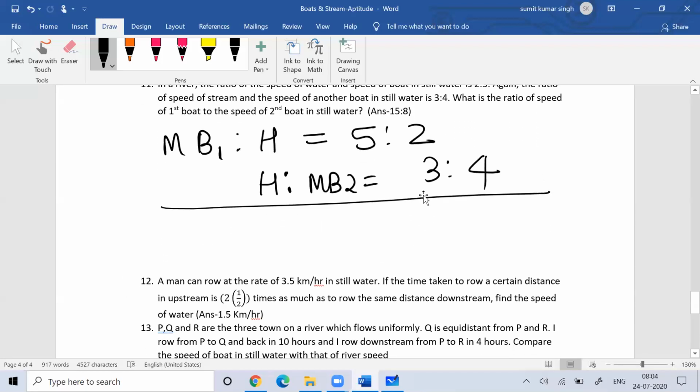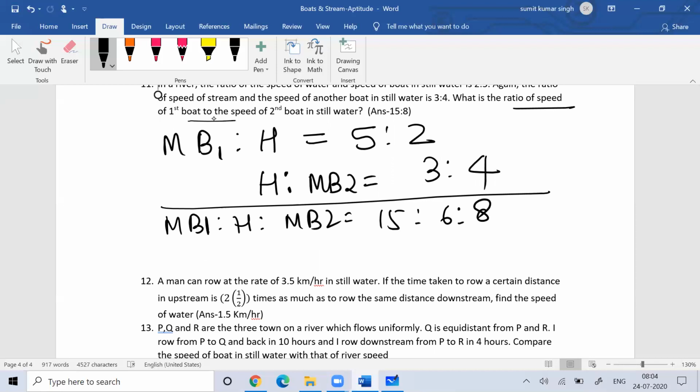So now I can find the ratio of motorboat 1 with water with motorboat 2. The ratio I can find would be 15:6:8. They're asking you the ratio of one motorboat with the other motorboat, so that is 15:8.